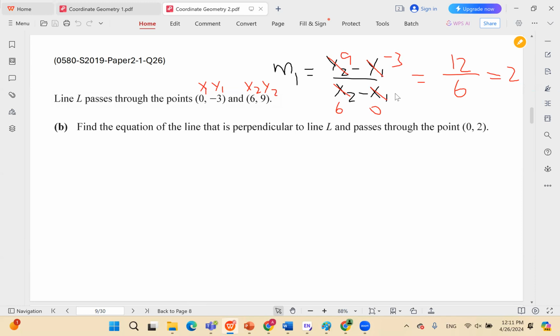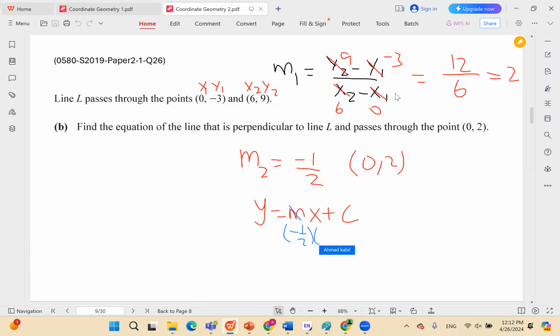Now we can get the other gradient, M2, which is going to be -1 over 2, because we flip it and we switch the sign. So opposite inverse. And we have a point (0, 2), and we want to get the equation y equals mx plus c. So the m here is -1/2. The x is 0.